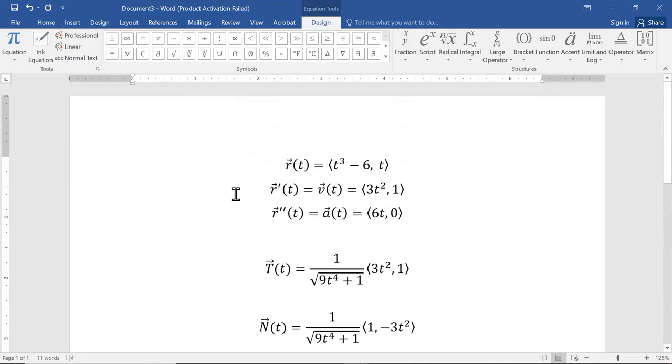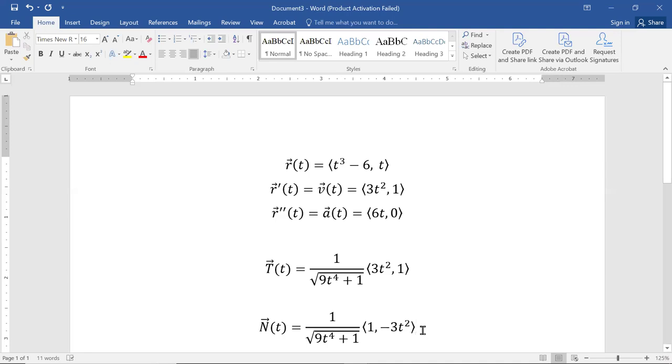Now, this normal vector was in R2, so it was not really hard to compute. This tangent vector, usually the unit tangent vectors aren't super hard to compute, but the unit normal vectors can be tough.